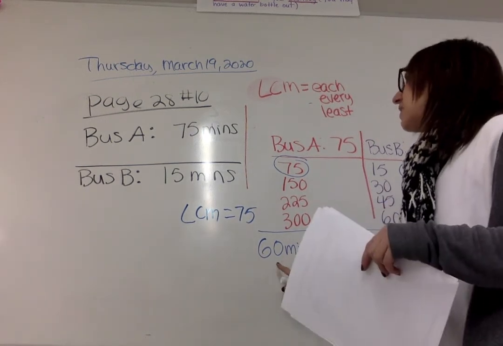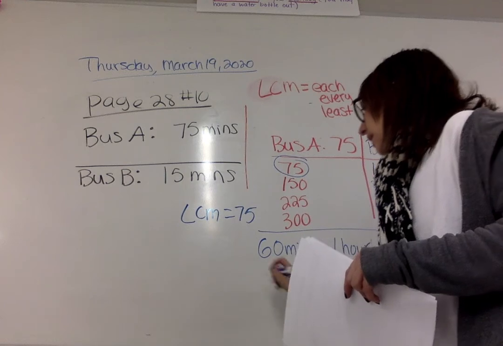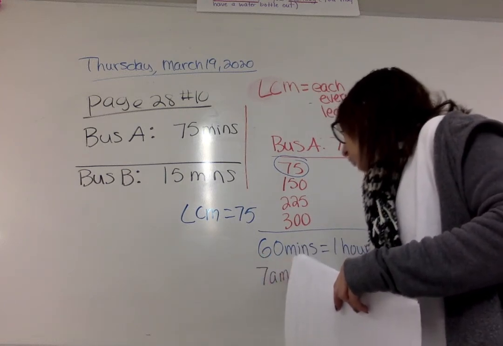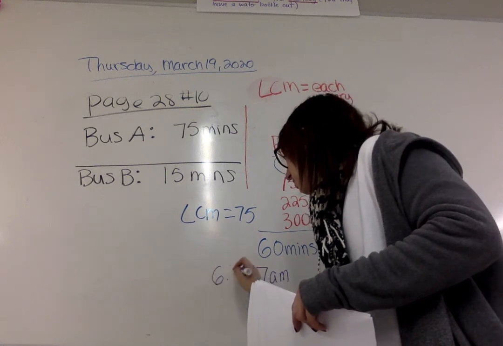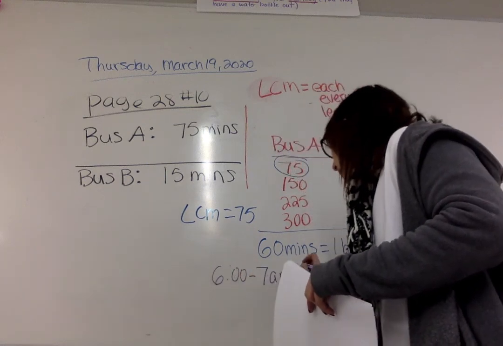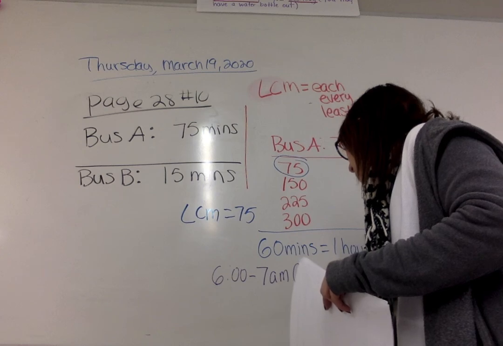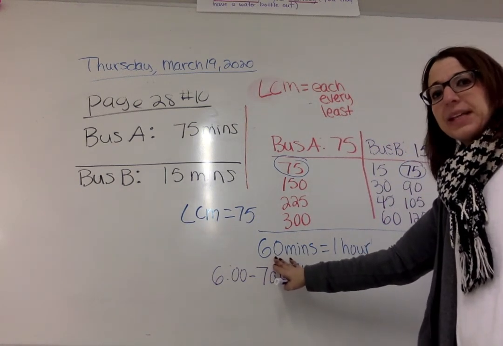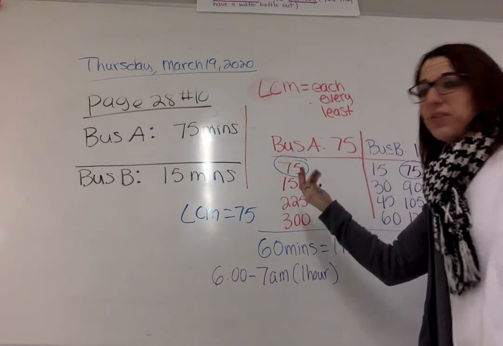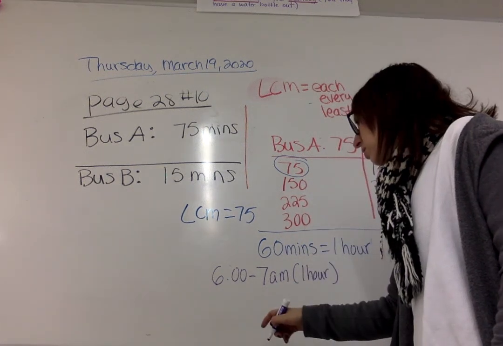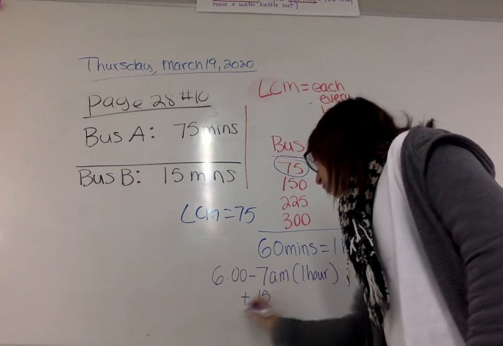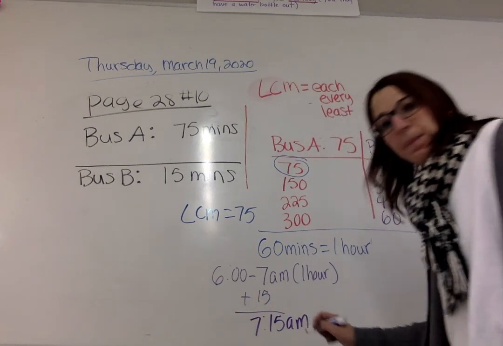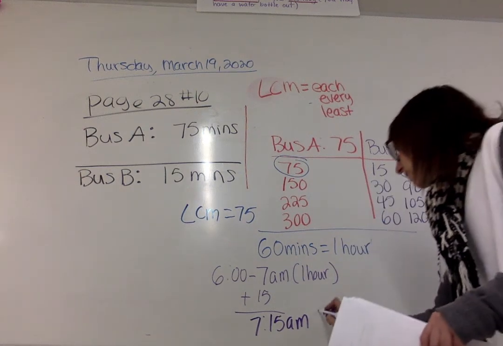In 60 minutes, if it's 6 o'clock now, in 1 more hour it will be 7 o'clock. So that's 7 o'clock, which represents 60 minutes, and I need to add another 15 to the 7. Now I arrive at 7:15 a.m., which is choice B as in boy.